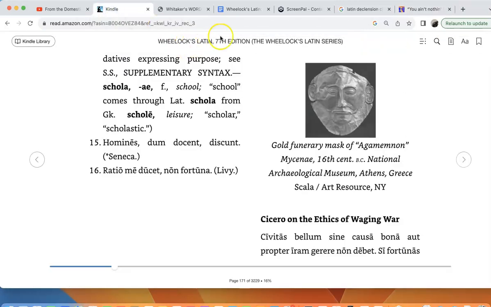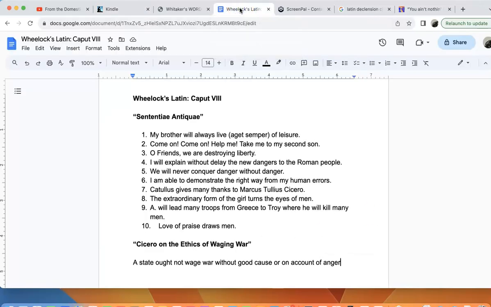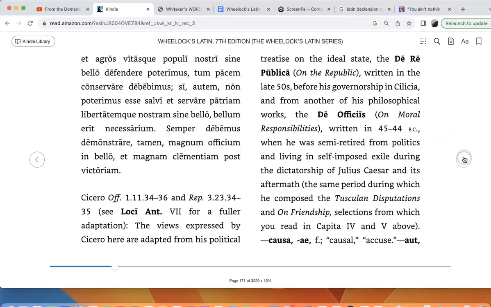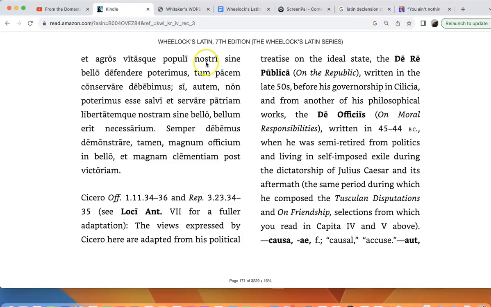All right, so then moving on here. Si fortunae. So if the fortunes. Let me turn the page here and see how it's worked. Yeah, so it is fortunae.